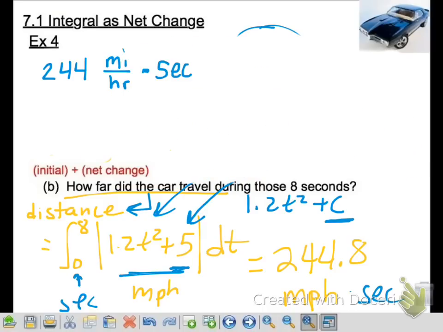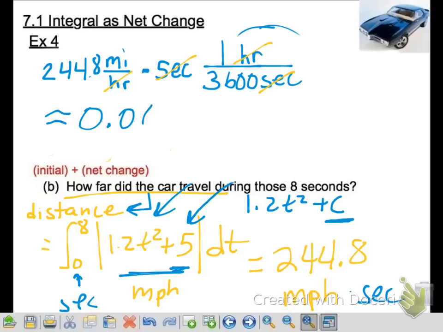So if I think about these units and I want to get them into something that's more useful, I want to somehow cancel out the hours and seconds here. What I'm going to do is think about how hours corresponds to seconds, and I know that 1 hour corresponds to 3,600 seconds. Looking at those units, I can now see how the hours will cancel out, the seconds will cancel out, and so basically if I take my 244.8 and divide that by 3,600, I'm going to get about 0.068.